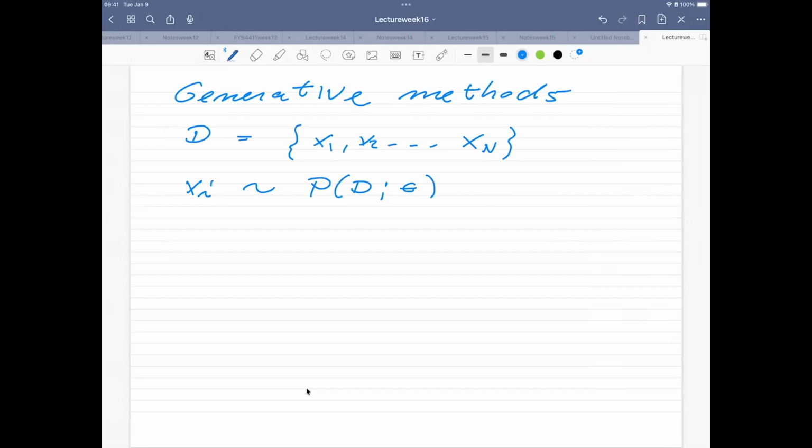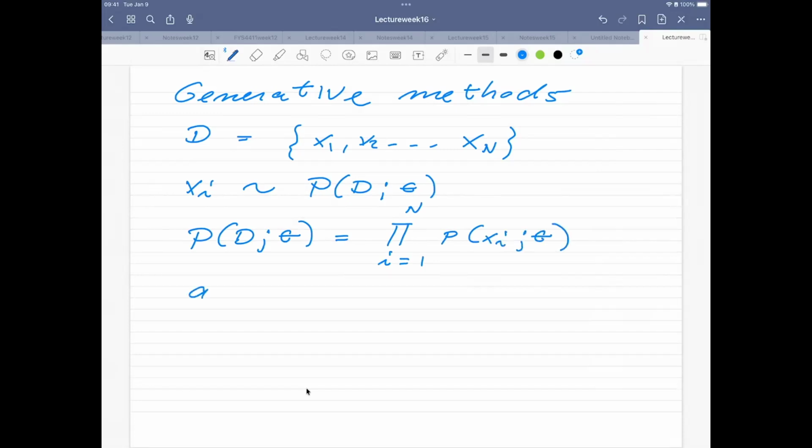Then normally, when we look at this probability P of D given theta, we are assuming that these x's are independent and identically distributed. I'm trying to distinguish between the uppercase letter and the lowercase letter for the individual events.